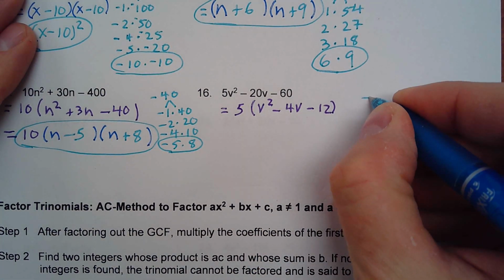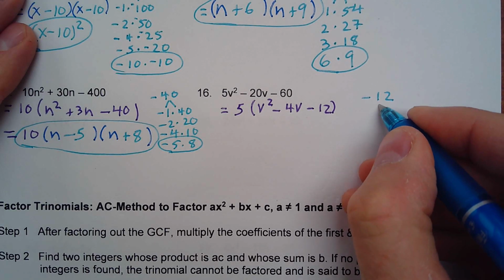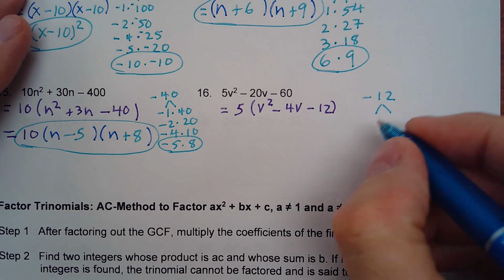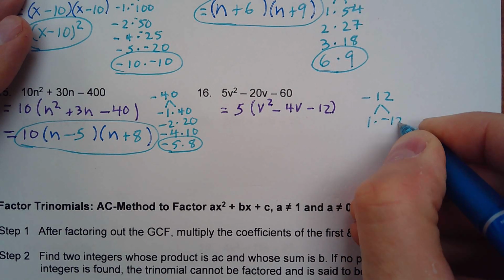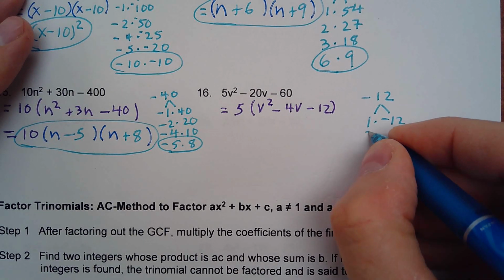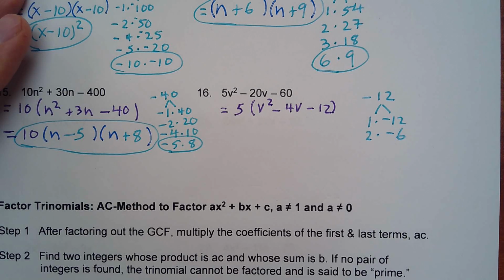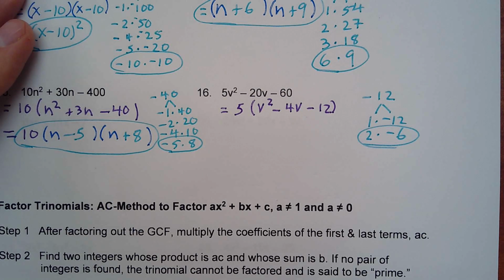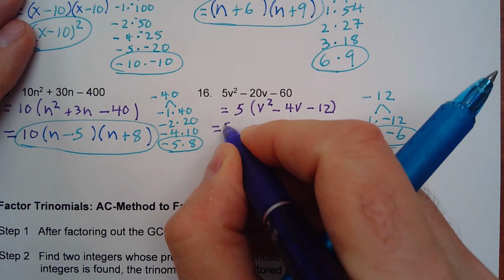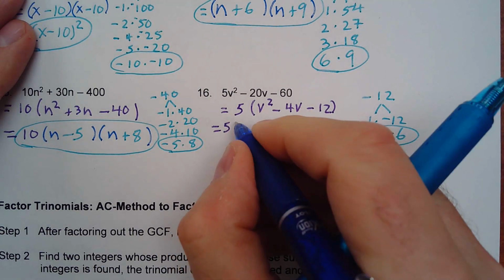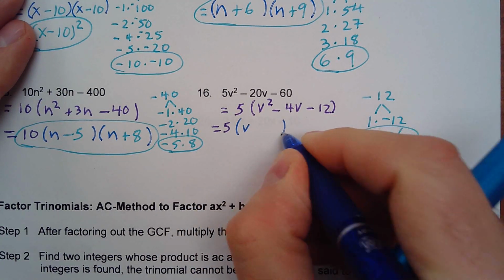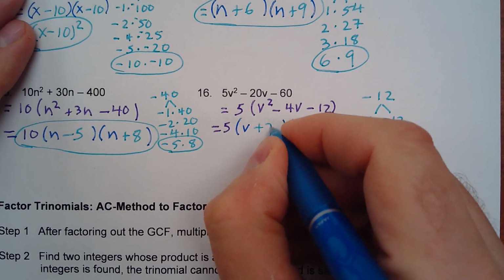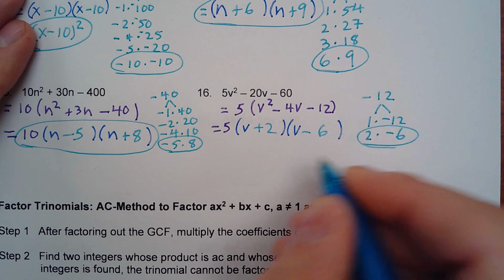Or excuse me, negative 12. 4 is negative, so I want the larger number to be negative. So I'm going to do 1 times a negative 12. That gives me negative 11. 2 times negative 6. Bingo, right there. We just go ahead and stop because I found the factors I need. So I'm going to put v plus 2 and v minus 6.